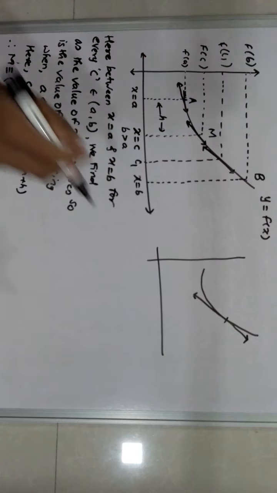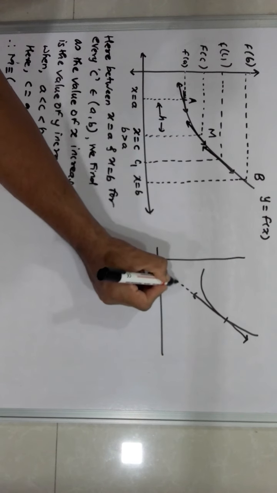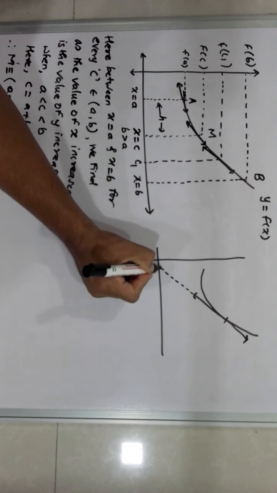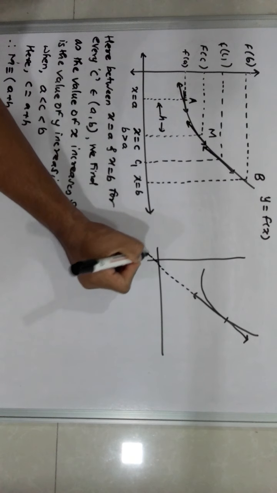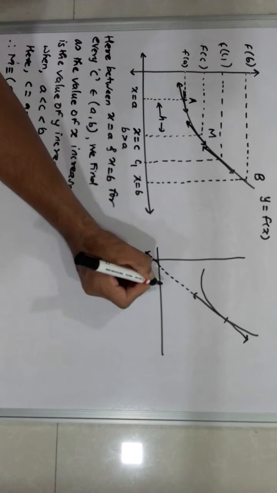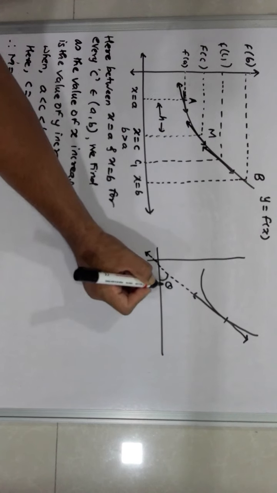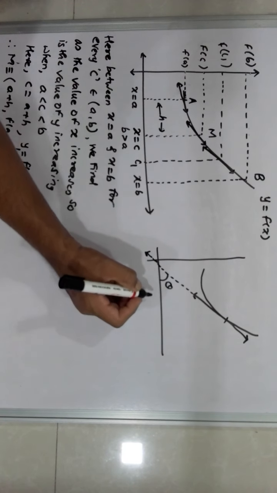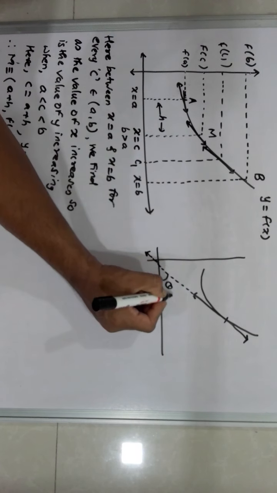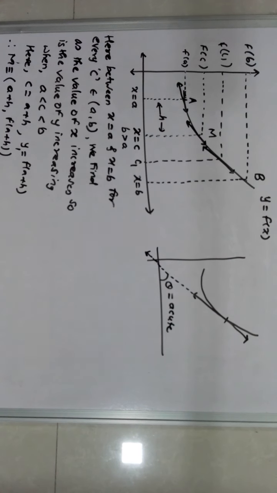Now if I extend this tangent downside, what do I find? I find it makes angle theta with positive direction of x-axis, and that theta is acute.